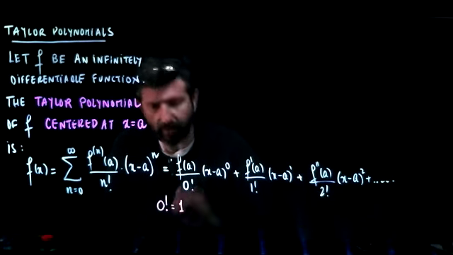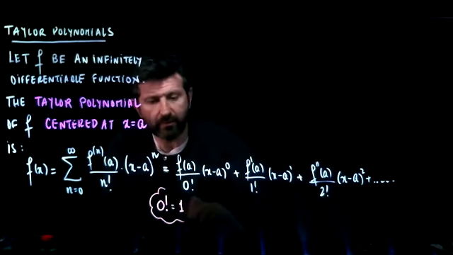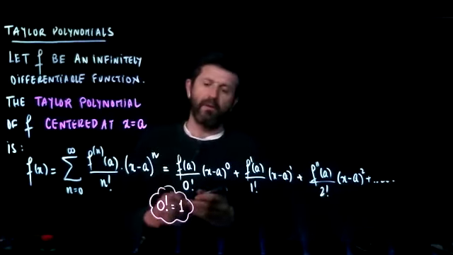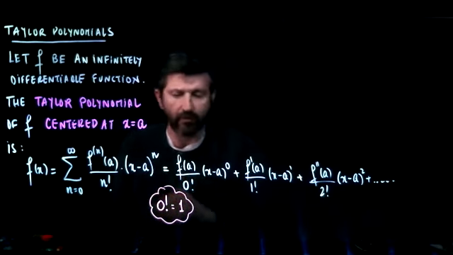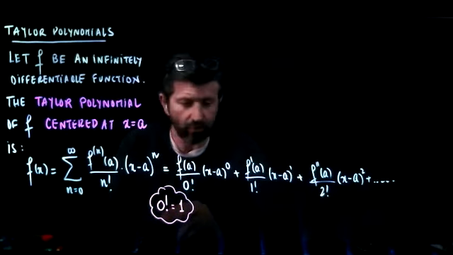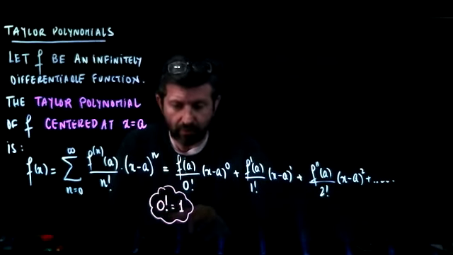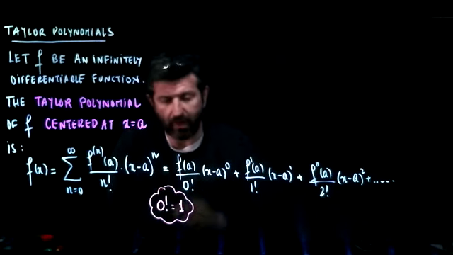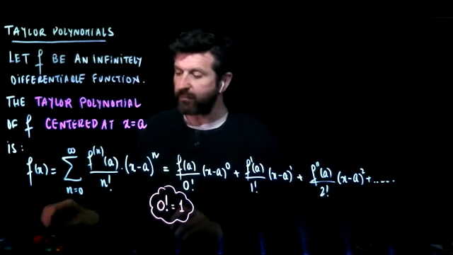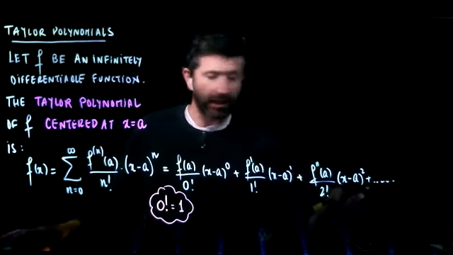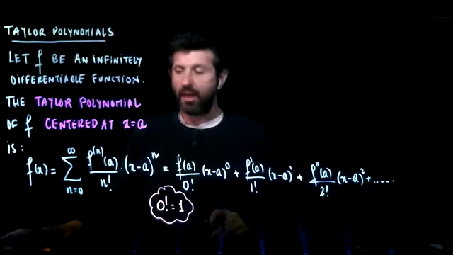Yeah, that's 1. 0 factorial is 1. Why is that true? Forget it for now. We have to go into gamma functions to show this. Okay, so this is the Taylor polynomial. Any questions?